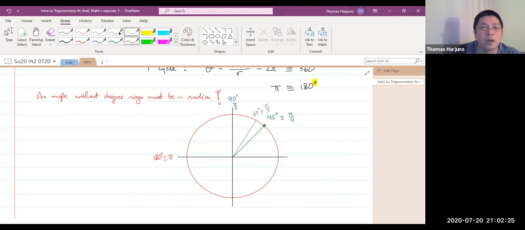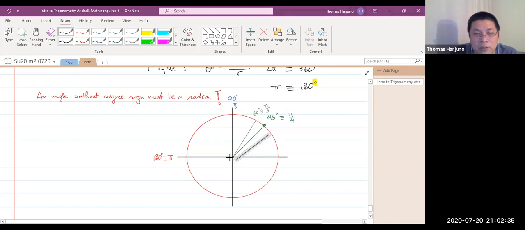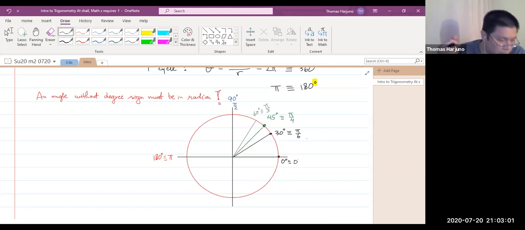And finally, 30 degrees is 180 degrees divided by 6. So 30 degrees corresponds to pi over 6. Now, I need you to memorize this for now. Of course, 0 degrees is just 0 radian. Okay, 30 degrees is pi over 6 radian. For now, this is what you remember.